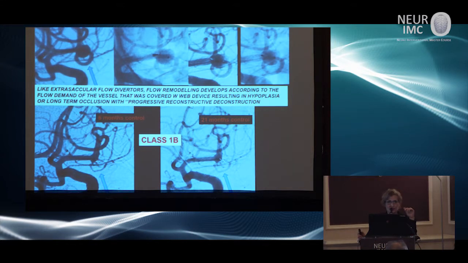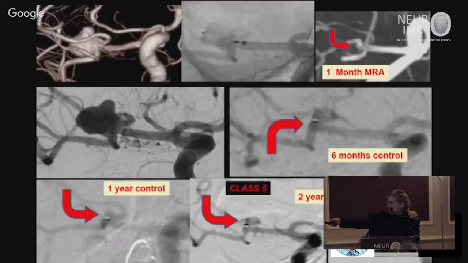And also the intrasaccular modifiers work somehow like extrasaccular or luminal flow modifiers, the flow diverters. If you take the origin of a branch, if there is good anti-aggregation and no thrombus formation during the treatment, then in the follow-up, according to the flow demand, the fate of the branch is determined.